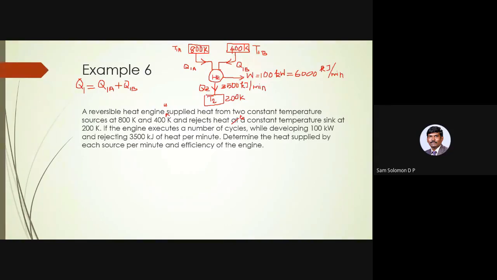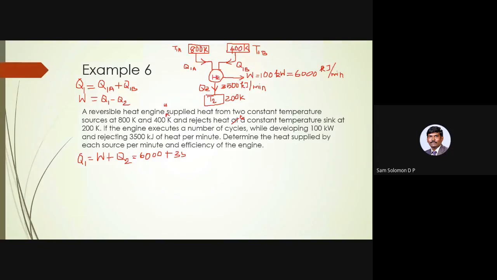And I know from prior experience that W is equal to Q1 minus Q2. So Q1 is W plus Q2. W is 6,000 and Q2 is 3,500, which is 9,500. So this is the total heat supplied.